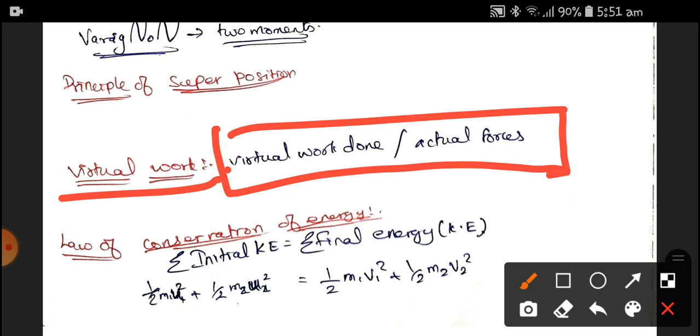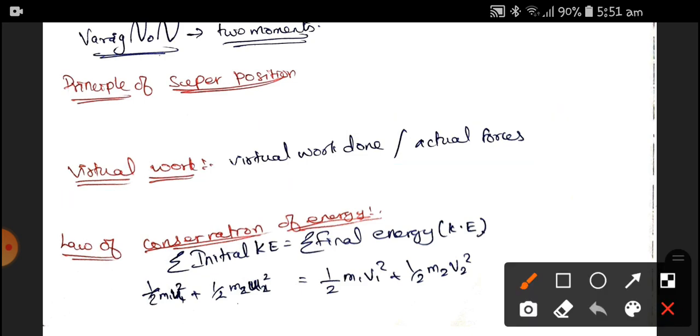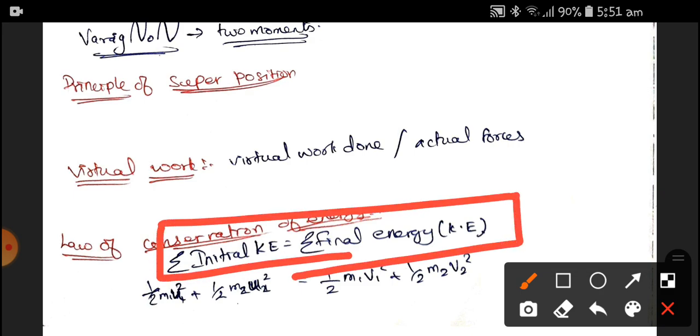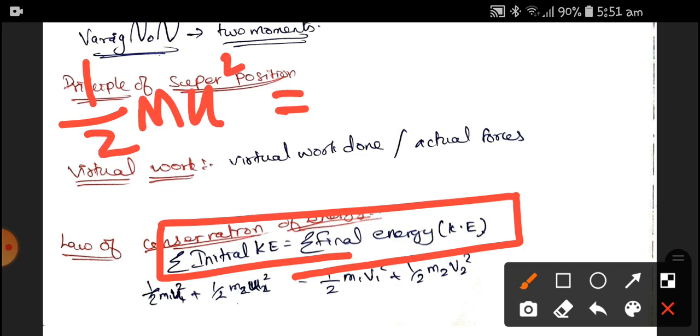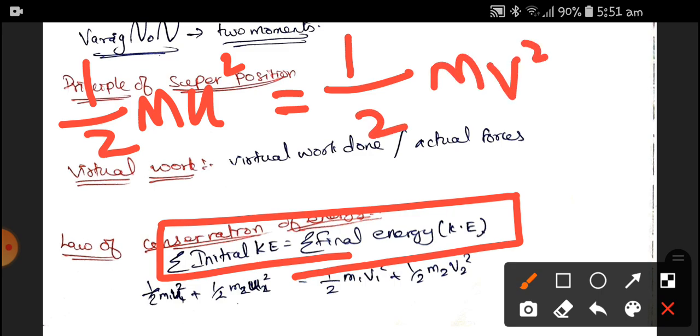Next is the law of conservation of energy. That is, the sum of initial kinetic energies is equal to the sum of final kinetic energies. The initial energy, half m u square, is equal to the final energy, half m v square.